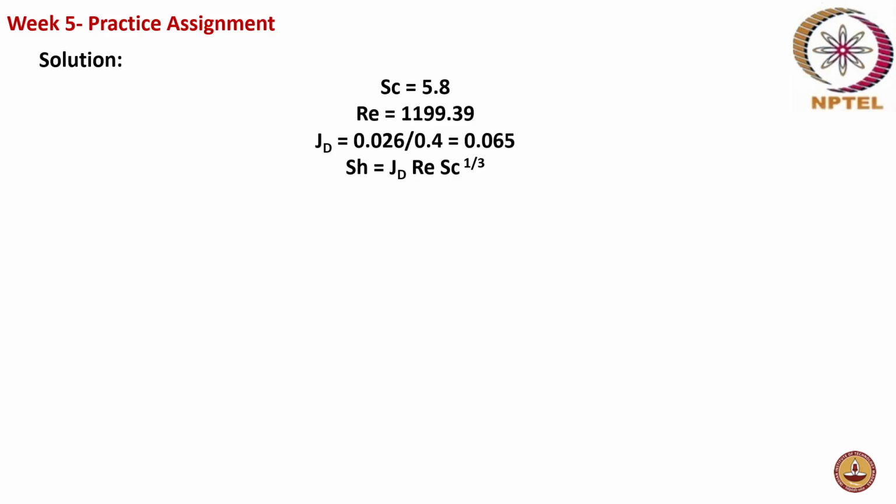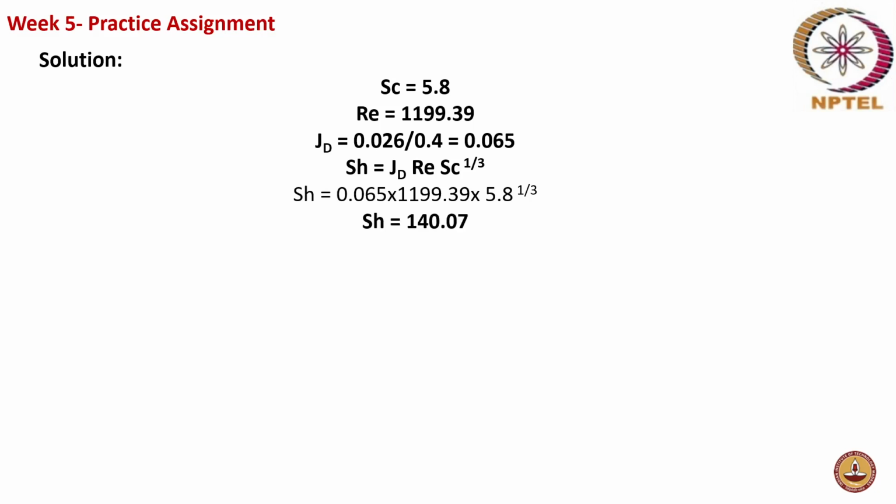So we have all these. Sherwood number is equal to JD into Reynolds number into Schmidt number power 1 by 3. So Sherwood number is 0.065 into the Reynolds number, calculated to be 1199.39, into Schmidt number 5.8 power 1 by 3.